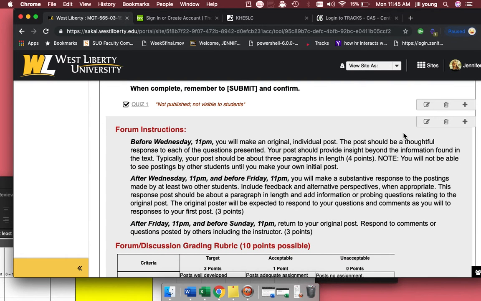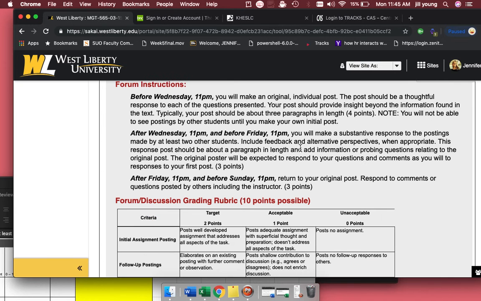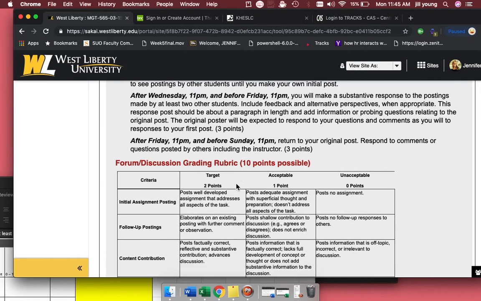Now, you have forums every week, discussion forums. You may be familiar with this already, but the original post is due by Wednesday at 11 p.m. Eastern Time. Between Wednesday and Friday, you're going to make a response to another student, and then between Friday and Sunday, you're going to respond to comments to your original post.